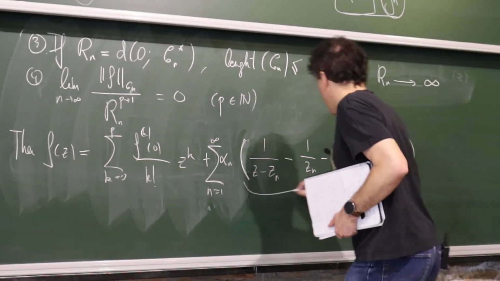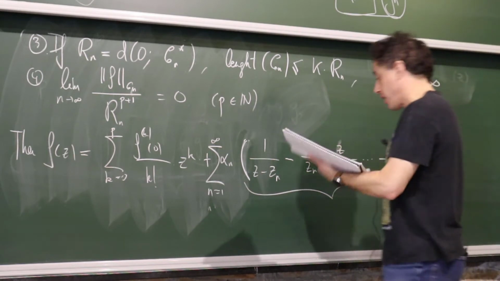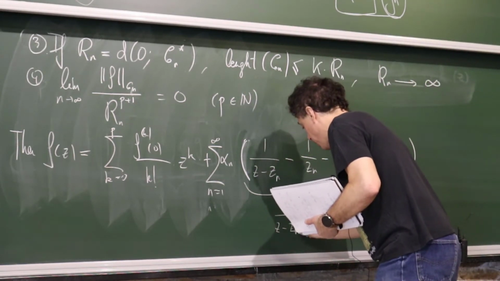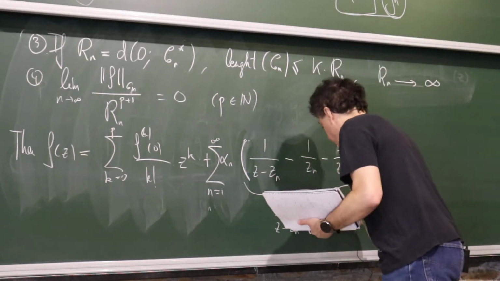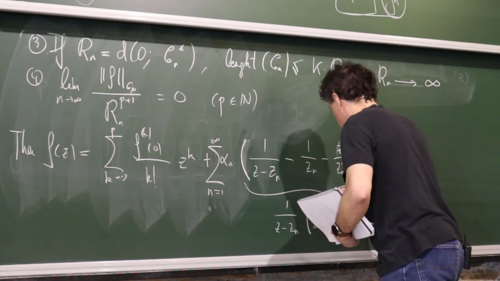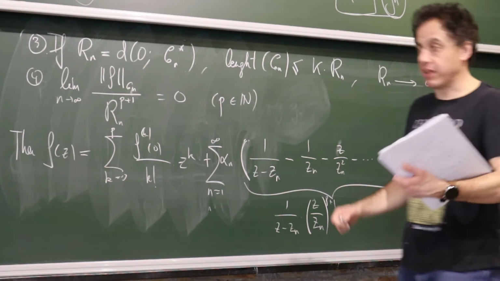This term could have been written also like 1 over z minus zn times z to the p plus 1 over zn to the p plus 1.